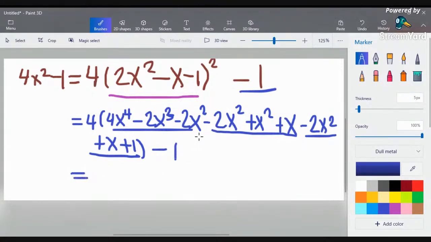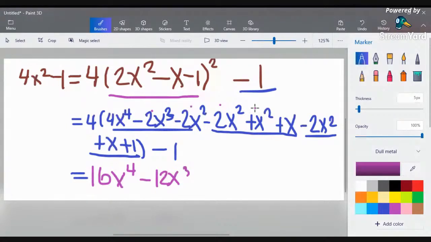Okay, so let's combine like terms muna. 4 times 4x to the fourth, the answer is 16x to the fourth. Let's combine all with x cubed. Negative 2x cubed times 4 is negative 12x cubed. For the x squared, negative 2x squared plus negative 2x squared becomes negative 4x squared.